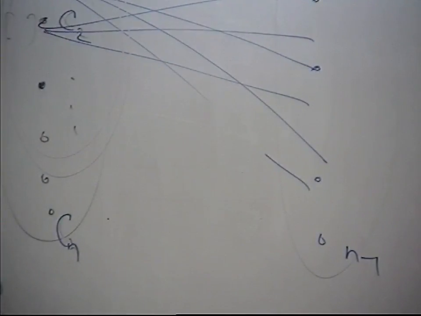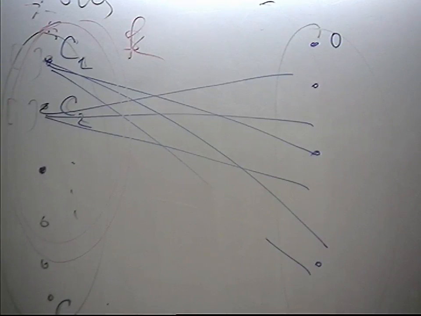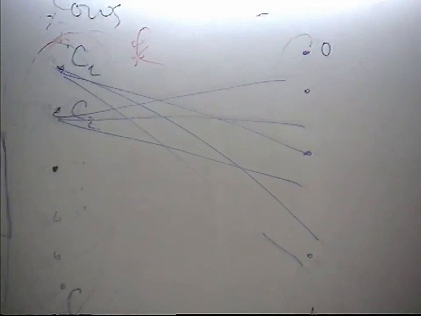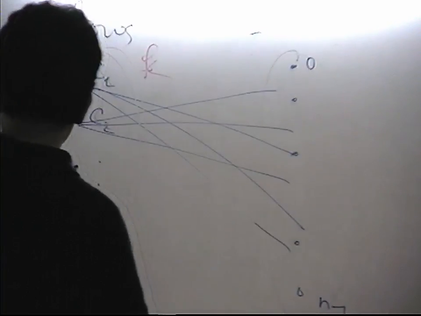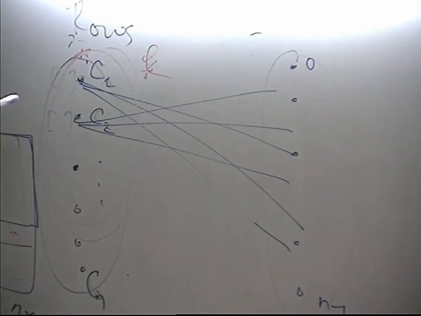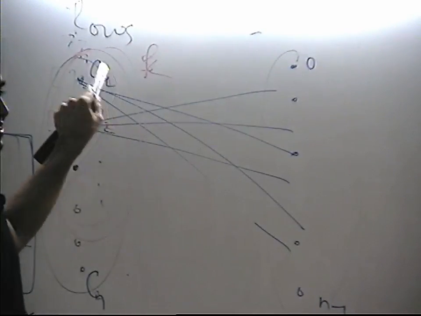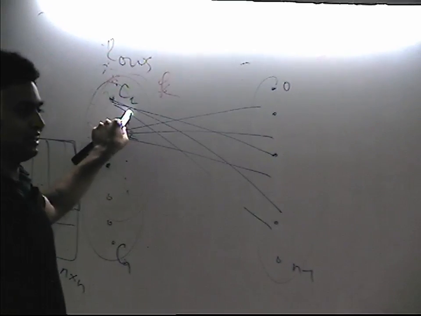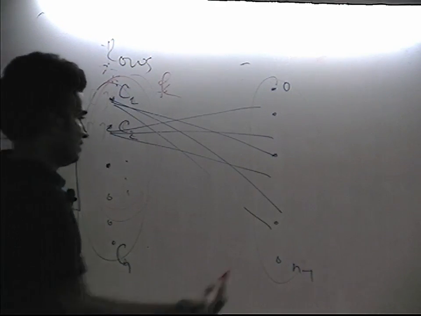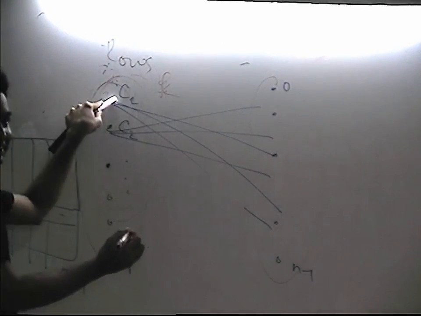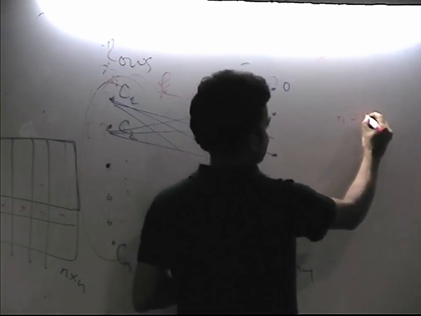And how do we verify that? First question: suppose r rows are filled out of n, how many edges go out of a particular vertex on the left? N minus r, right? So all vertices on the left have n minus r edges going out.